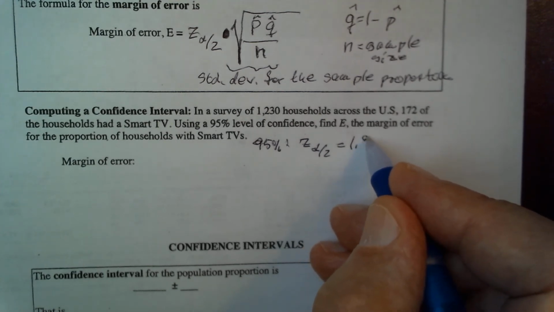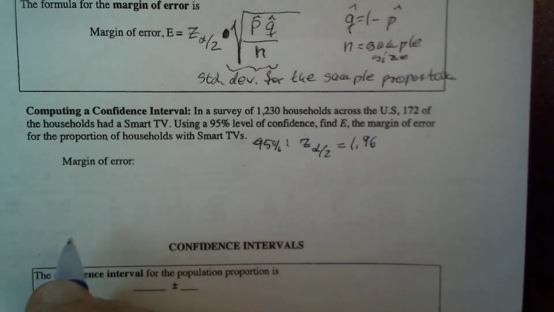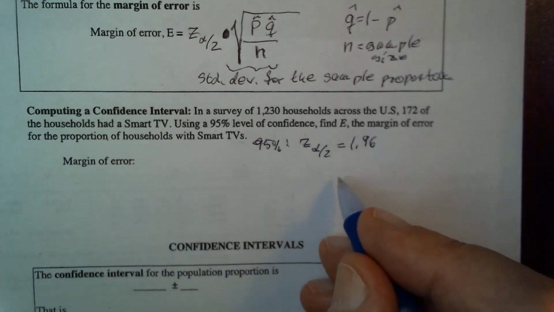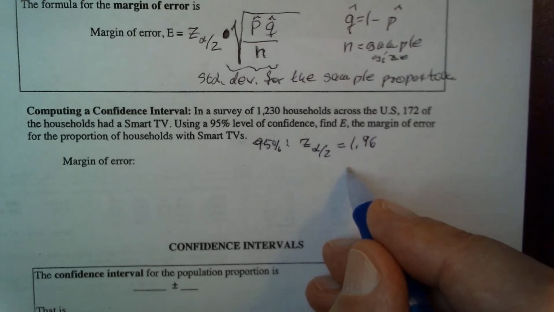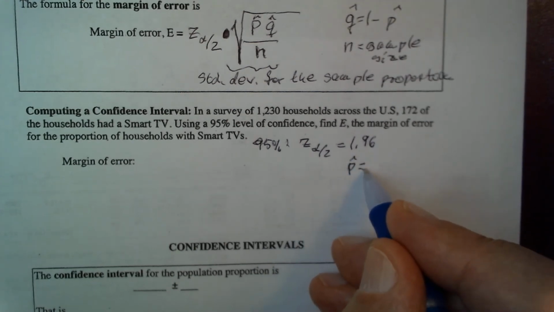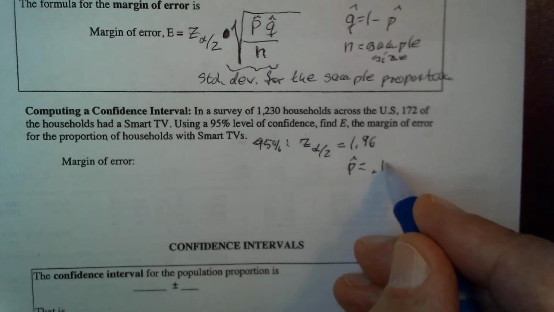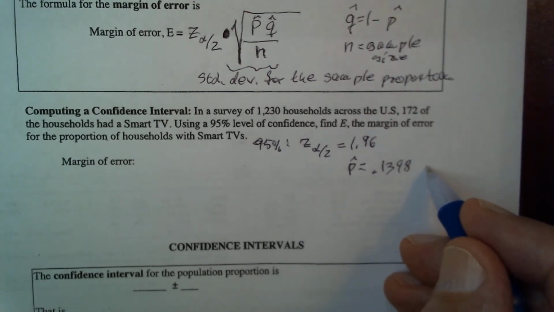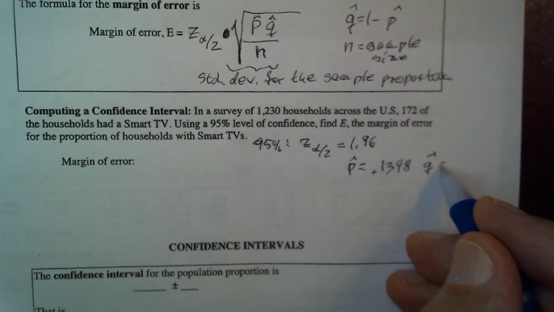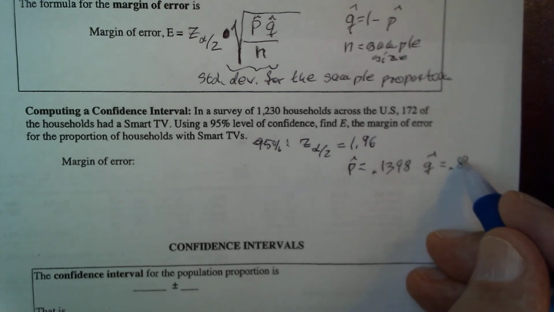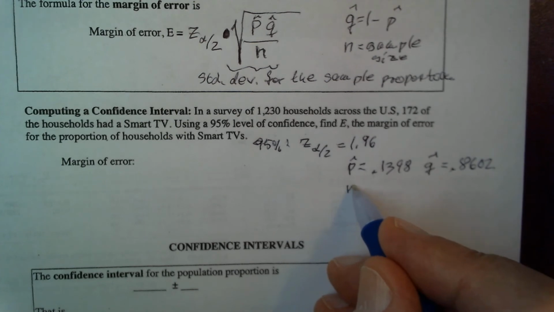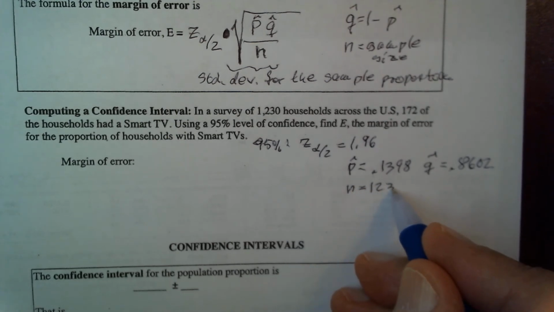Look at the previous table of values. And we found that the point estimate, p hat, was equal to 0.1398. That would give us q hat, 1 minus 0.1398, so q hat would be equal to 0.8602. And of course, n is equal to 1,230.